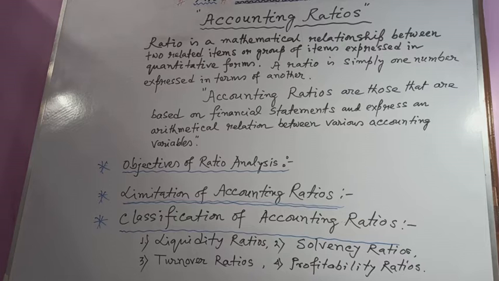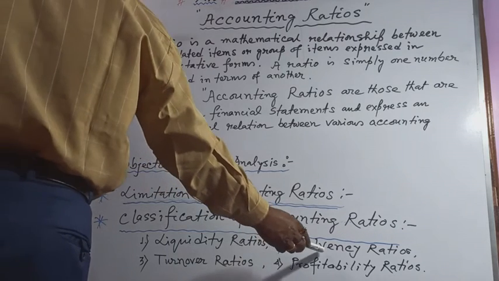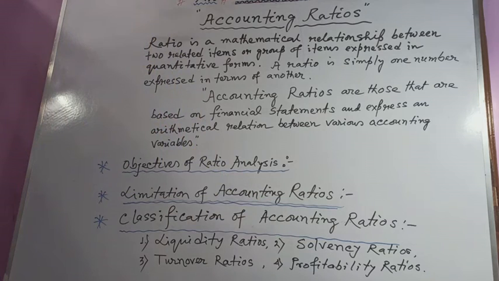Solvency ratio ensures the long-term financial position or stability of the business. These ratios are again subdivided: debt to equity ratio, total assets to debt ratio, proprietary ratio and interest coverage ratio.